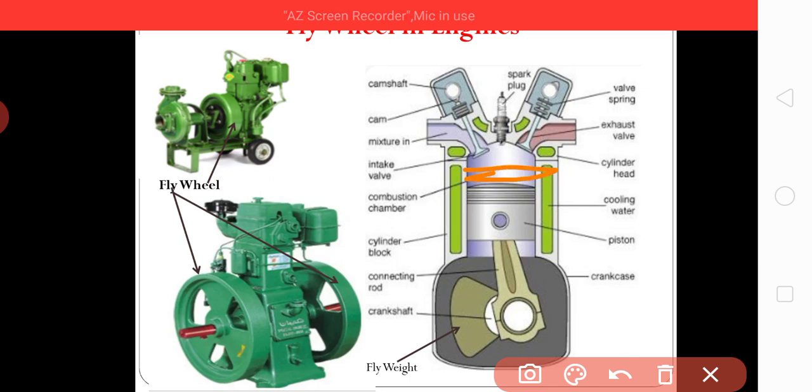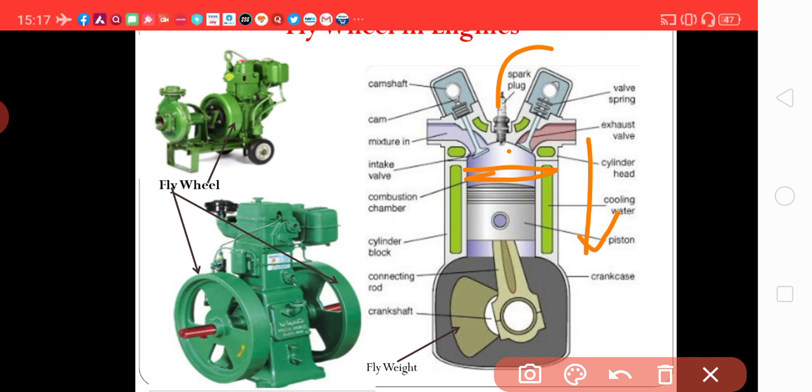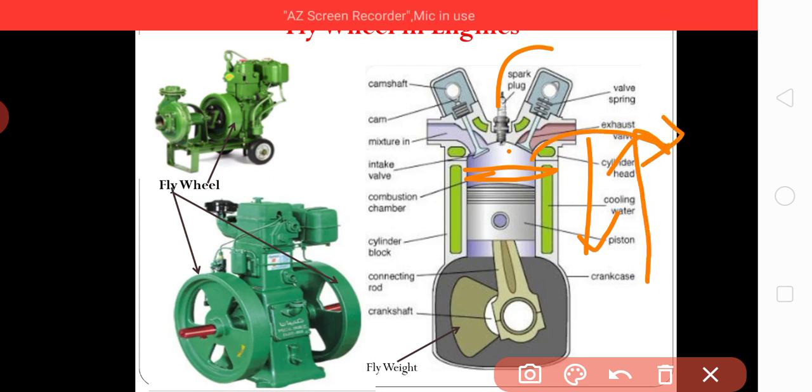Here is a high temperature, high pressure mixture, and a spark plug is available here. It is obviously a petrol engine. So a spark takes place, and next the third stroke is the power stroke. After that the power is achieved, then the burnt gases are to be exhausted out. This is the fourth stroke, in which the exhaust gas goes outside.